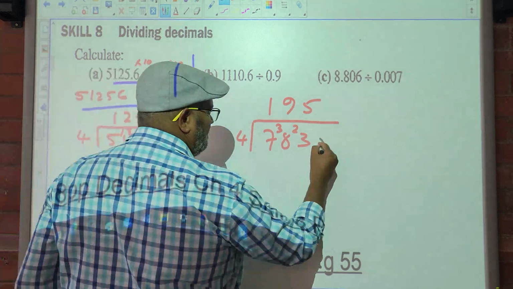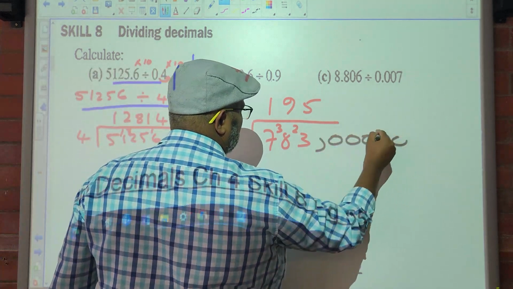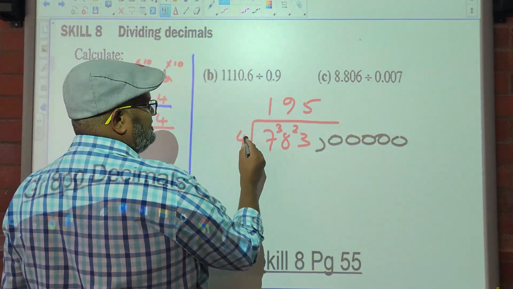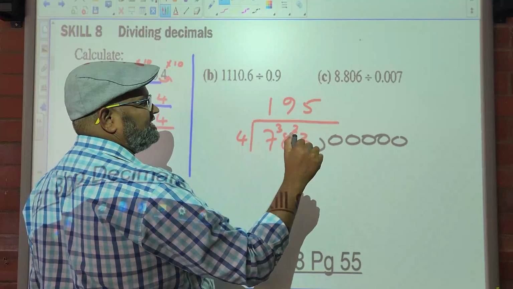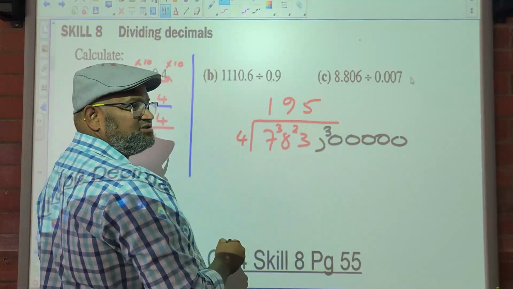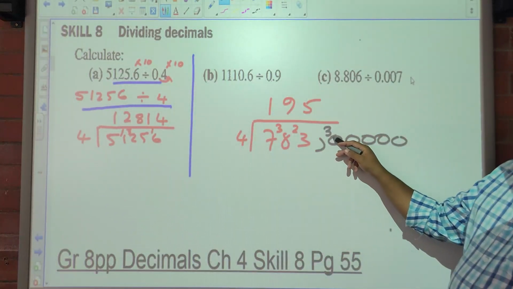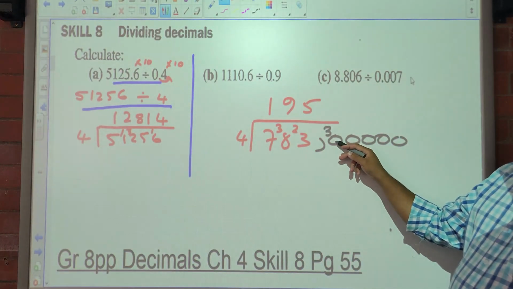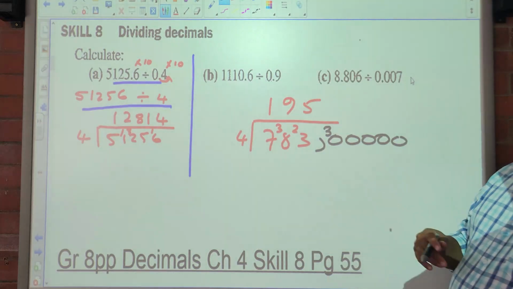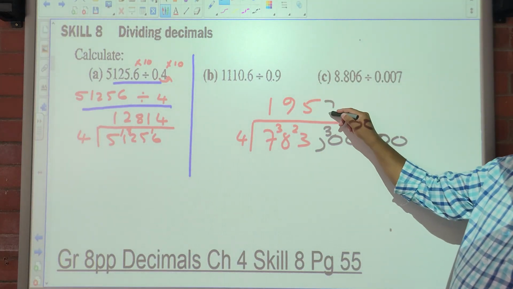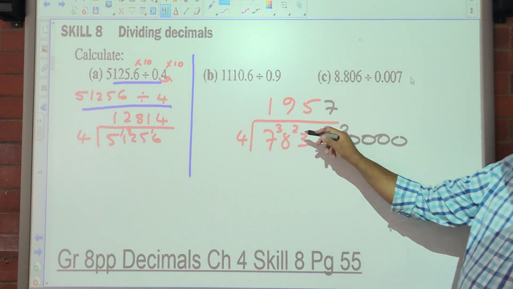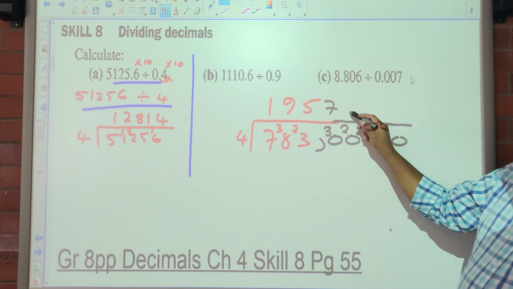So we now say comma 0, 0, 0, 0, 0. Now 4 goes into 23, 5 times, remainder 3. Can you see that? 4 goes into 30 how many times? 7. 28, no? So it's 7, remainder 2. 4 goes into 20 how many times? 5.